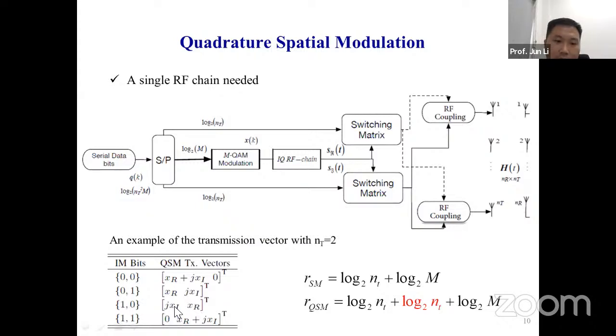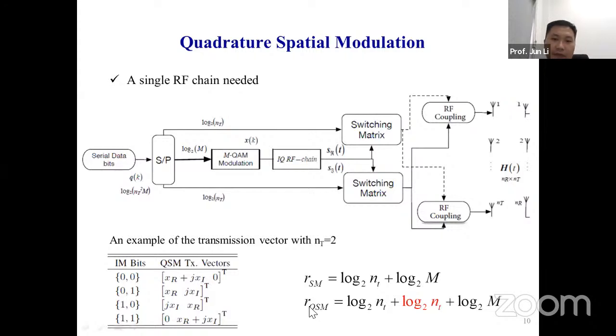The 0 means the imaginary part will be transmitted through the first antenna. If we have 0, the first antenna will transmit both the real part and the imaginary part.